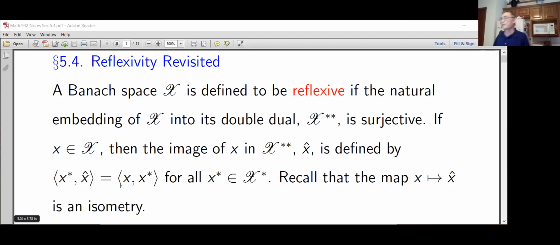So recall that the map x maps to x hat is an isometry.